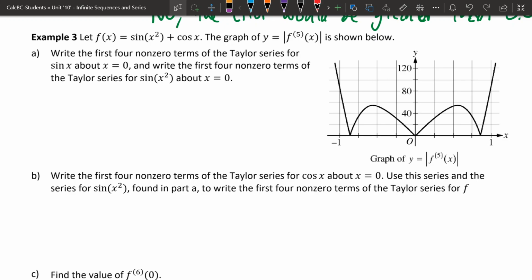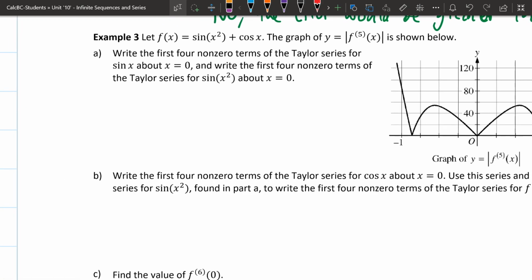All right, so from previous lesson, sine of x is one of those functions that you need to know the Taylor series for. Sine is an odd function, which kind of helps me remember that we're looking at our odd powers and our odd factorials. So x to the first power over 1 factorial.